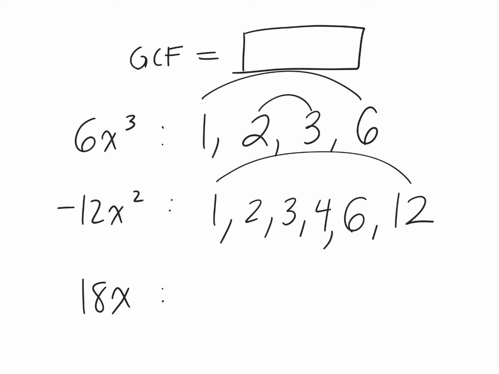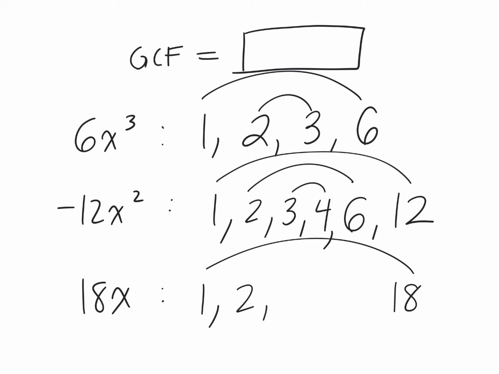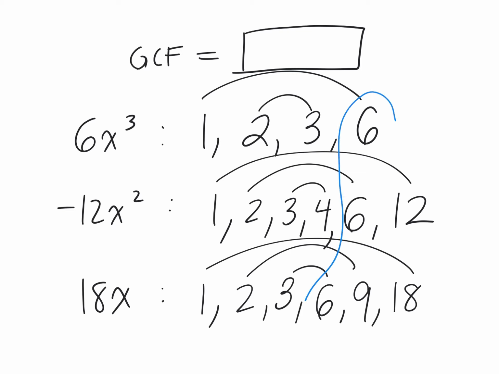Anything else? Nope. 18. 1 times what gives me 18? 2 times what gives me 18? 3 times 6. Does 4 go into 18? No. Does 5 go into 18? Nope. And I already got 6. What is the greatest common factor? That's the number. They all have 6 in common.